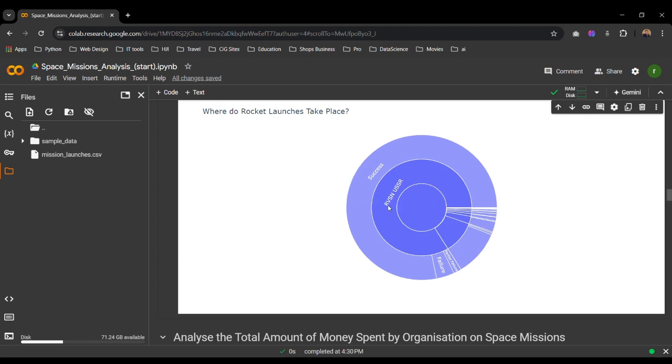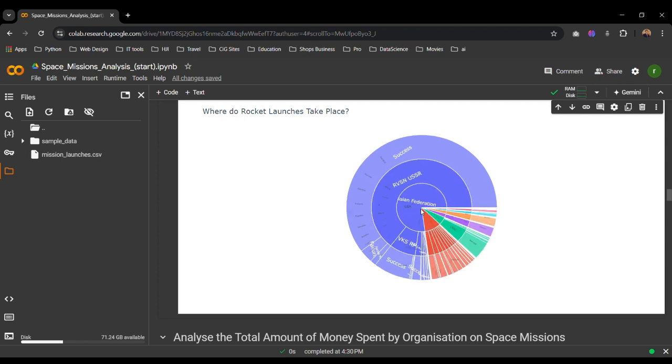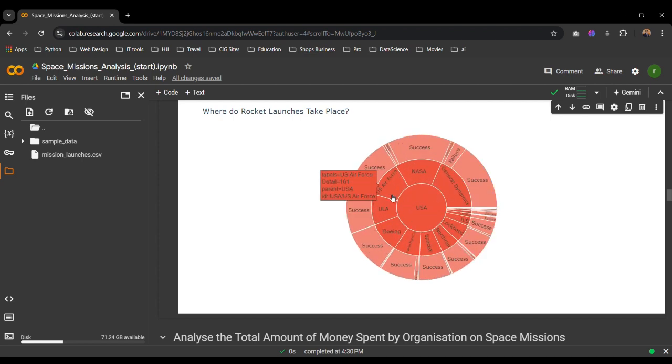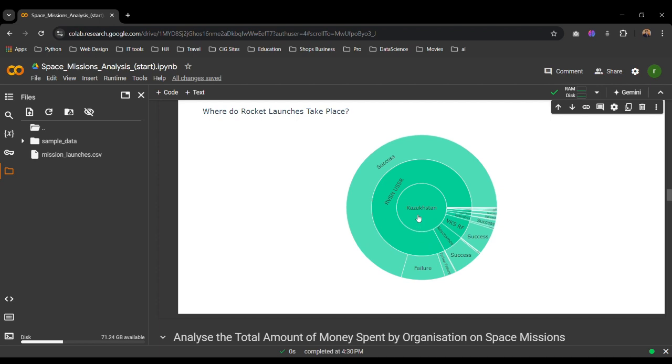It's beautiful. Actually, I like this sunburst. So if we click this, it expands, and you can zoom in and you can zoom out. So beautiful. Yes. So ULA and NASA, General Dynamics, SpaceX, Boeing. And we have Kazakhstan. Actually, until 1991, they belong to the USSR.